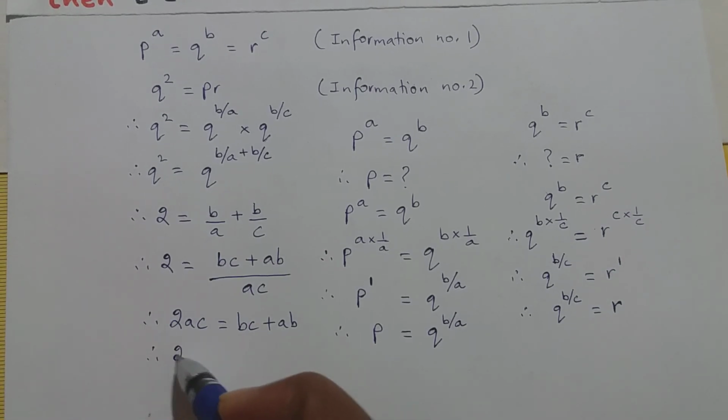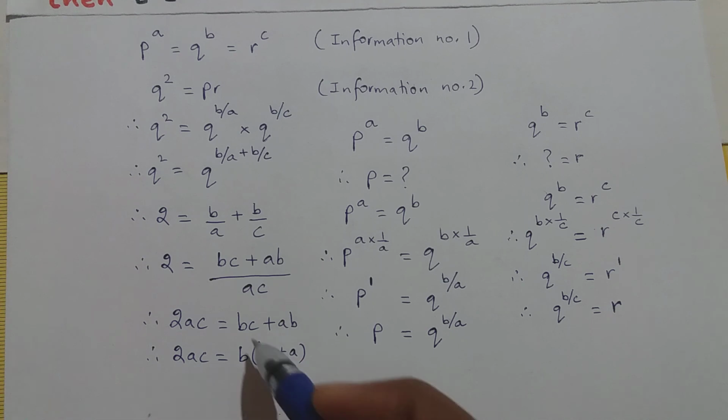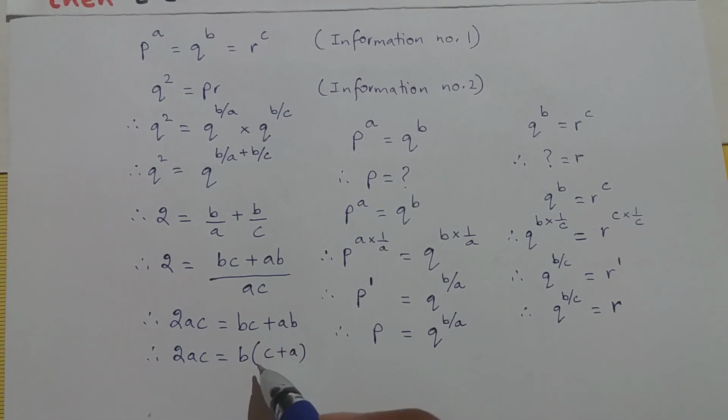Now I will factorize this expression, BC plus AB. It becomes B into C plus A. So 2AC is equal to B into C plus A.